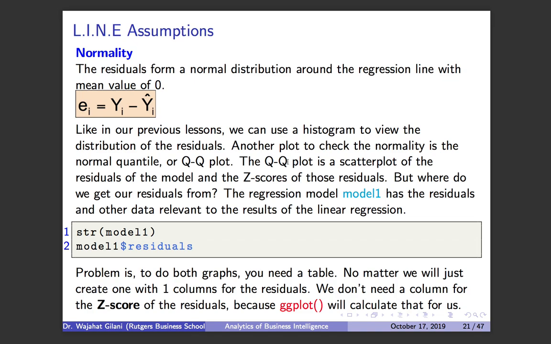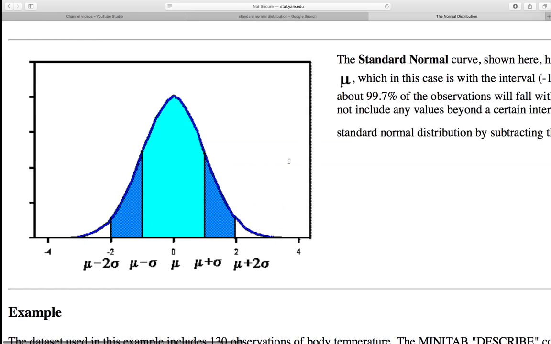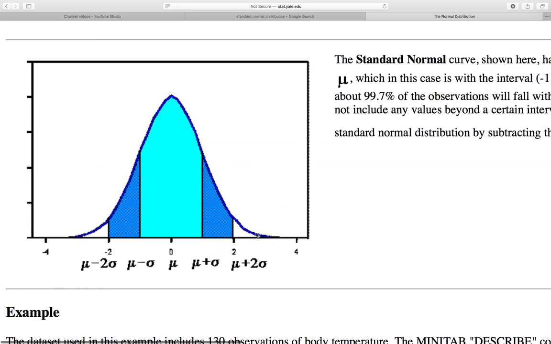But why should they form a normal distribution? The way the normal distribution works, and this should be a review, the center point is the mean, and from the center point to the left go your standard deviations in units of 1, negative values, and your positive values go to the right, again in increments of 1, because it's a standard normal distribution.